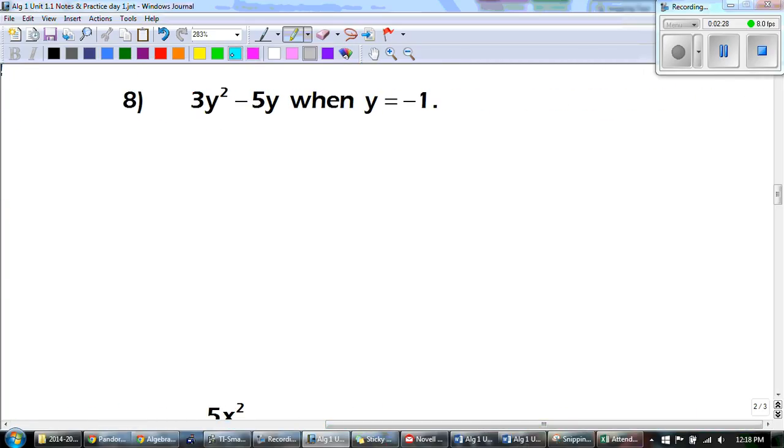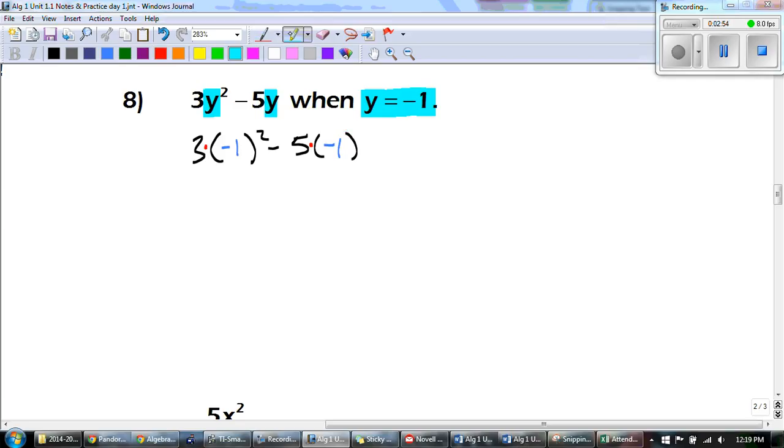Okay, so everywhere that we see a y, I'm going to plug in -1. Wherever I see the y, right now I'm just putting parentheses, and then I know I have to plug in my -1. Okay, when there is a number next to parentheses, that means multiplication.